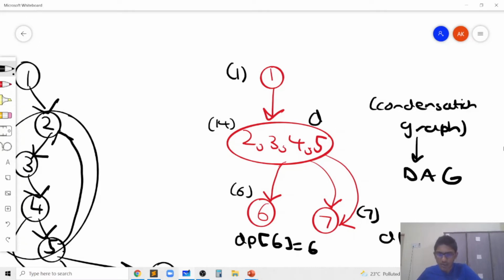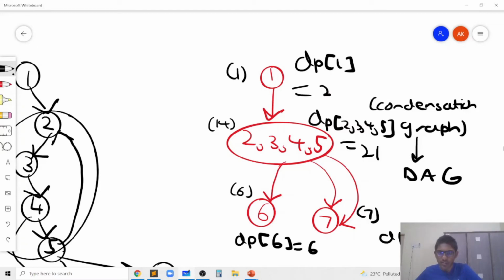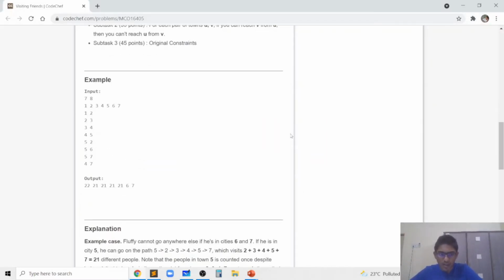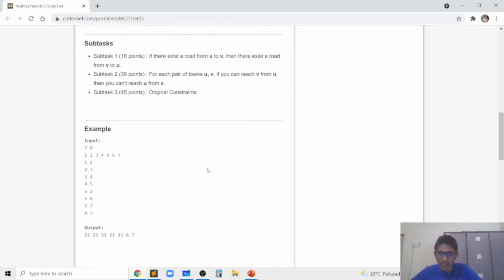Then dp for each of these nodes 2, 3, 4, 5 is equal to 14 plus the maximum of these two. The optimal value out of these two will be 21, and dp of 1 will just be 1 plus 21, which is 22. And that's why the answer would be 22 for node 1, 21 for 2, 3, 4, 5, and then 6 and 7 for nodes 6 and 7.